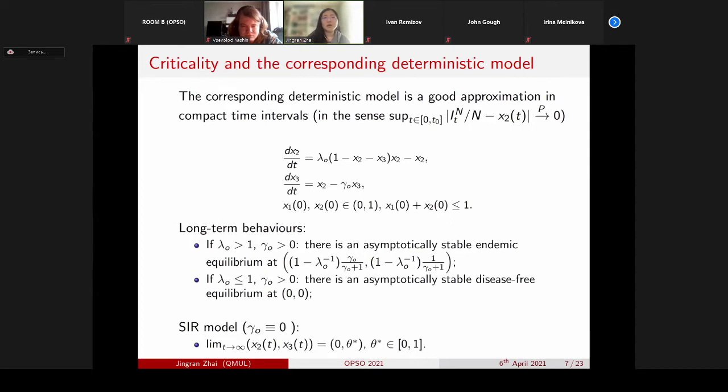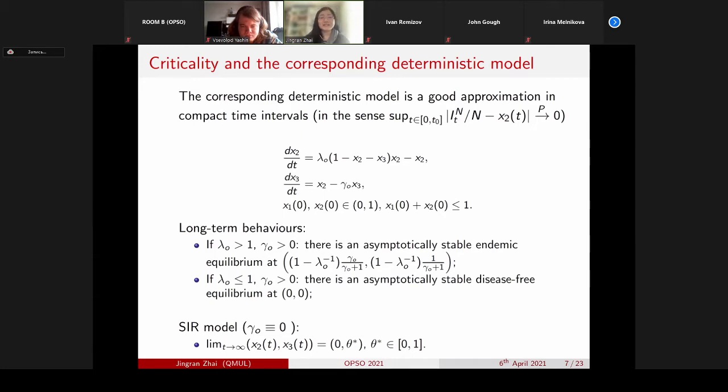And when gamma_0 equals 0, i.e. the SIR model, the behavior is different. In this case, we compare how many people ended up getting infected to how many people were infected in the first place to see whether it's above or below criticality.